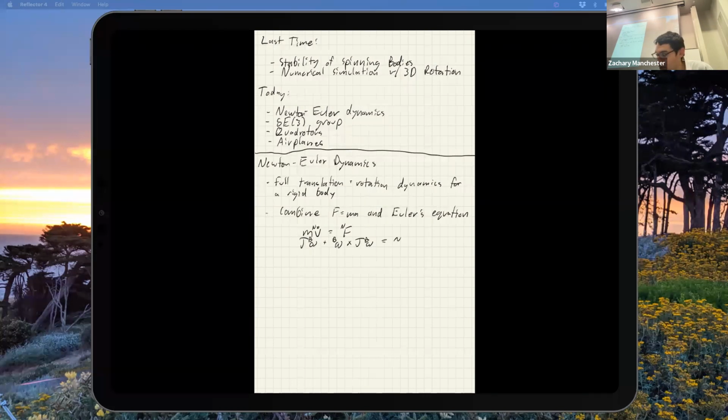The most important thing to note here is that F equals ma is only valid in an inertial frame. Euler's equation is only ever valid in a body fixed frame. That's why I'm writing little decorations on here, right? The forces are in the N frame, the torques are in the body frame. This is subtle, and there are some choices to make.